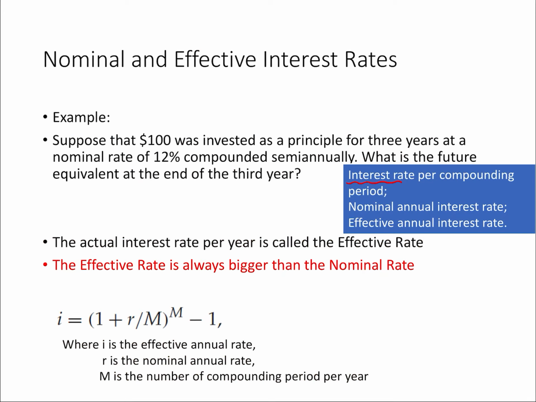Okay, and that's why we say interest rate per compounding period and the nominal annual interest rate and the effective annual interest rate. There are 3 different numbers, but if you convert the cash flow by these 3, they all give you the same future equivalent.